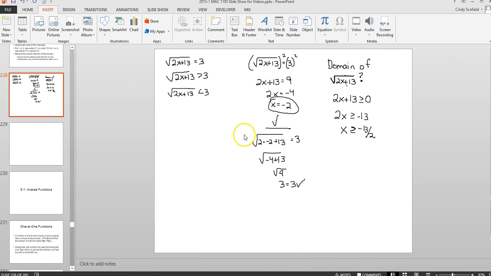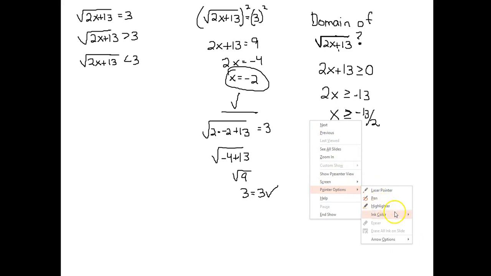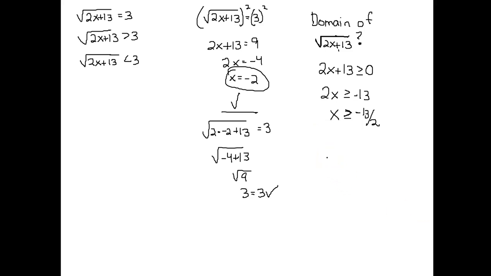All right, so let me sketch that on here. So we have the graph of y equals square root of 2x plus 13. It looks like this, starts here at x equals -13/2. Then we have the line for y equals 3, going through like that.